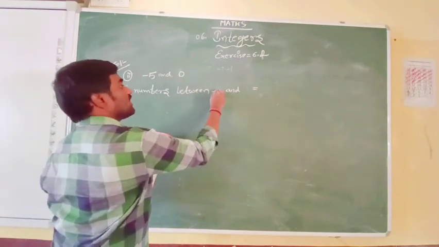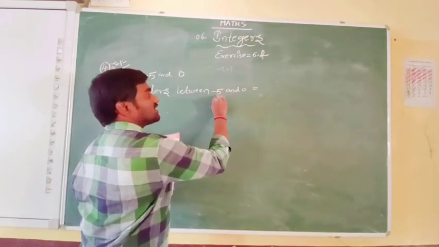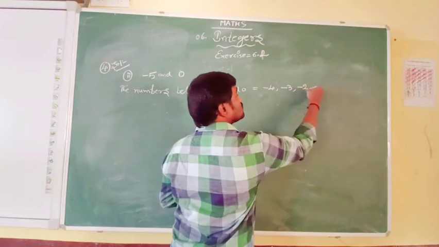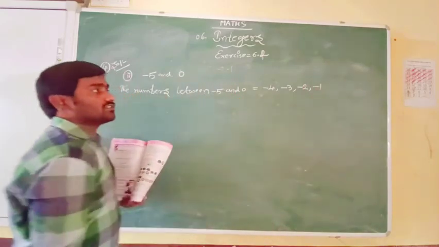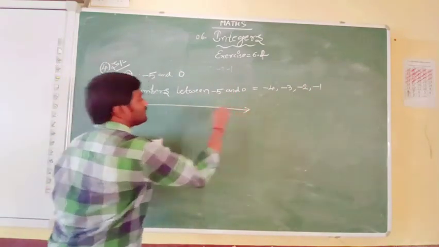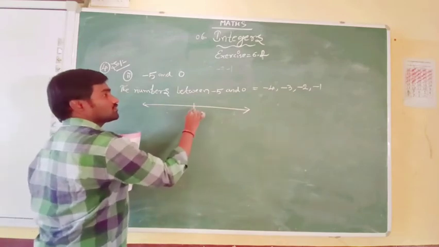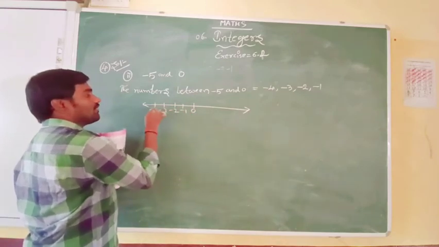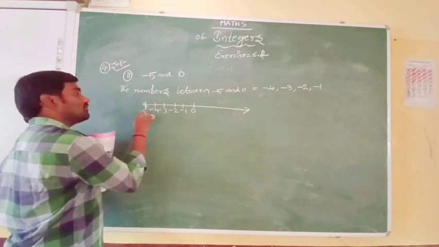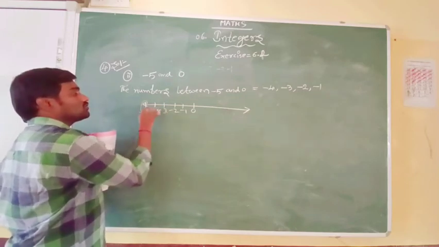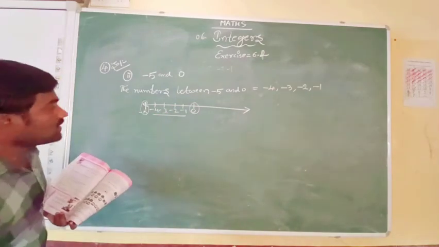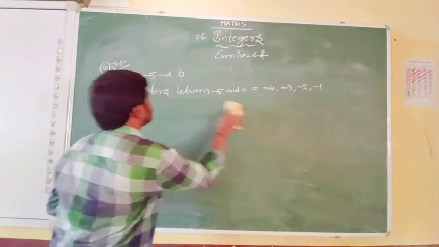The numbers between minus 5 and 0: minus 4 is there, minus 3 is there, minus 2 is there, minus 1 is there, then we get 0. So all this we have to represent on the number line. Here 0, minus 1, minus 2, minus 3, minus 4. Here it comes minus 5. So these two are already given. These are the numbers we need to represent on the number line. Yes, I hope you understood this.